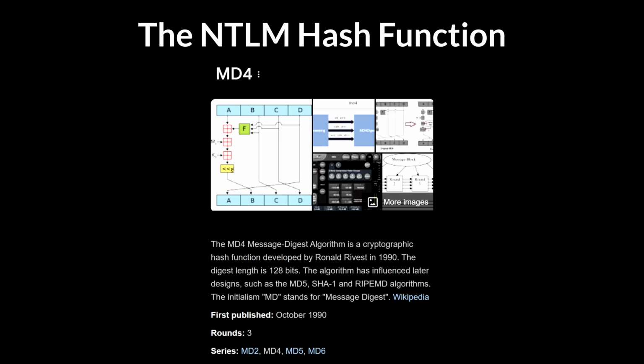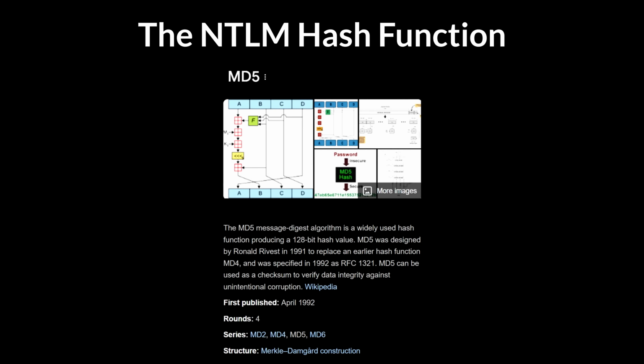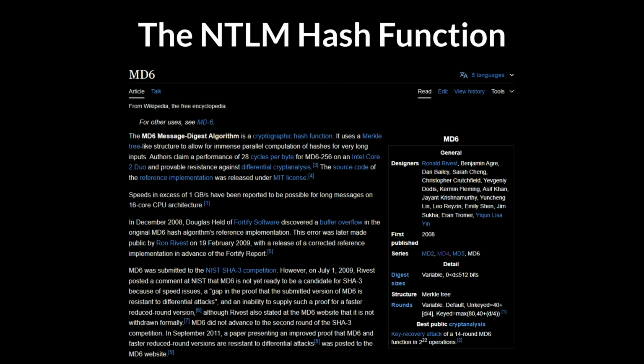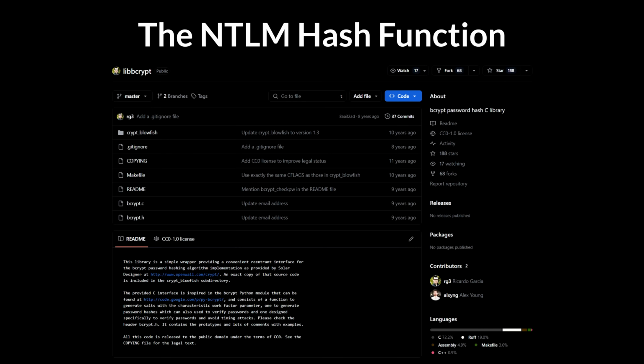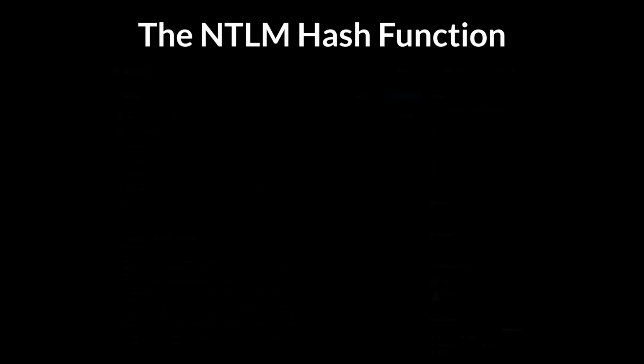This sucks. The hashing algorithm has not been updated since 1990s. Have some respect, at least use MD5 or MD6 if you're feeling quirky. Or even better, just use modern alternatives like bcrypt. Run 12 rounds of that puppy and you're good to go. Nobody at Microsoft cares though.